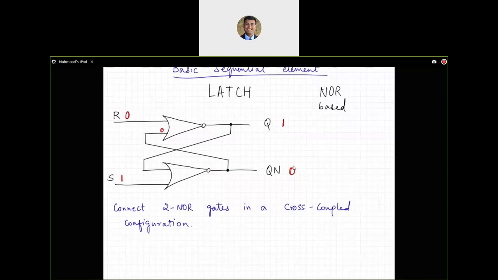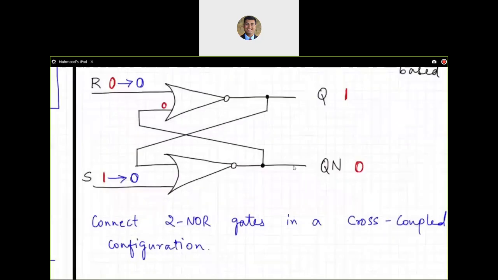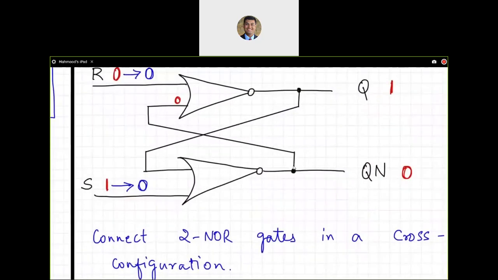let me use a different color here. S changes to 0 and R changes to 0. So let us see what happens when we change the input S to a 0. R was 0, so it will continue to be a 0. When I change S to 0, the question is, will this change?